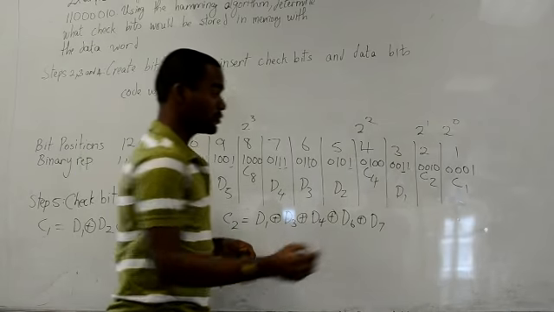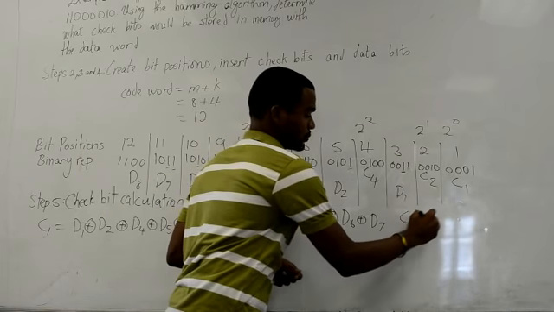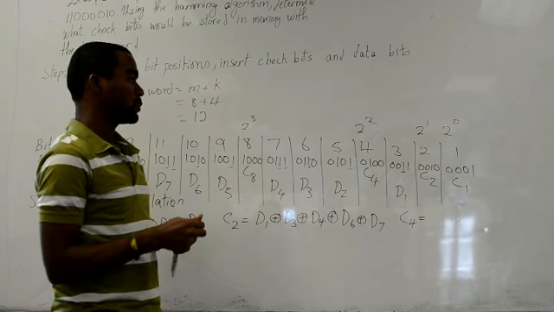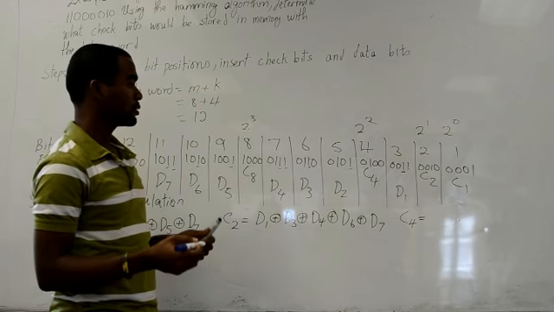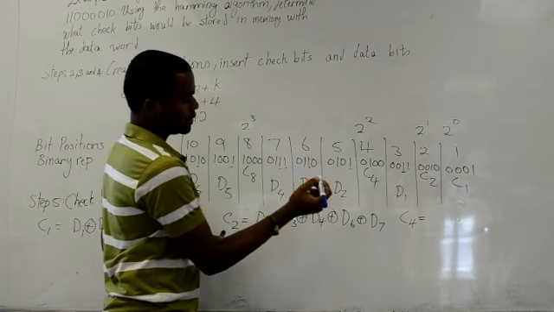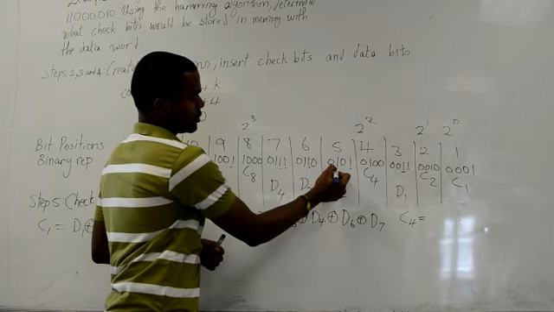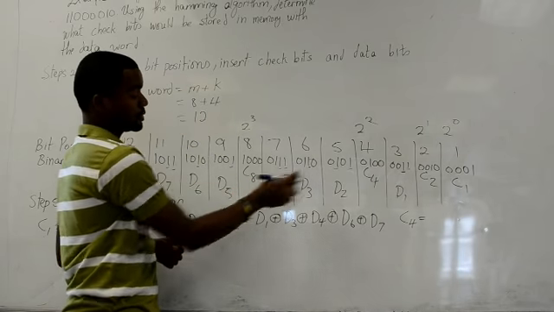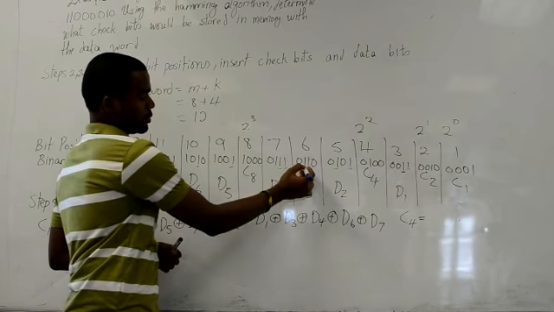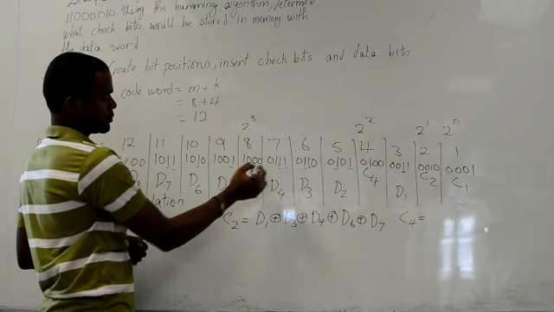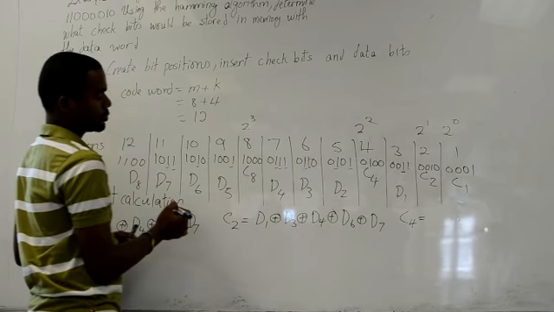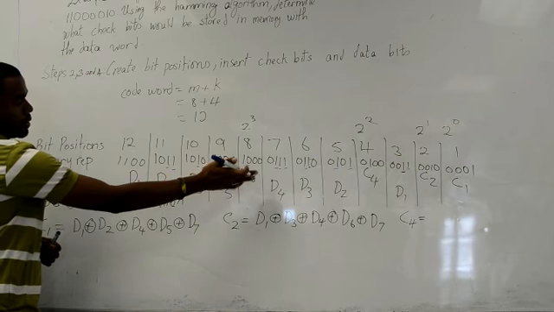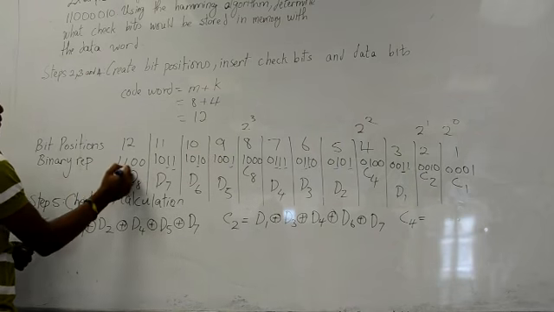Alright, so now for check bit 4, look for the representations that have a 1 at bit 4, and that is check bit 2, data bit 2, data bit 3, data bit 4, and data bit 8.